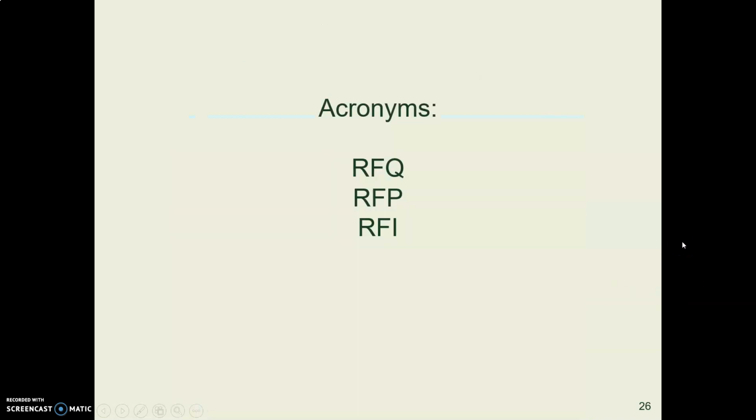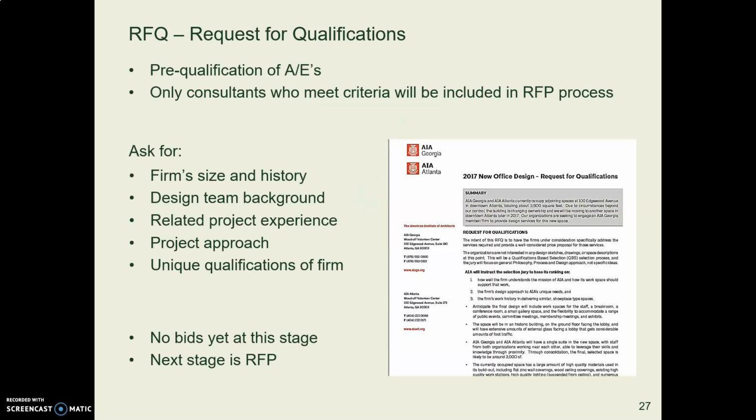I want to say a word about some kinds of forms and paperwork you'll run into with these three acronyms. RFQ stands for Request for Qualifications, and this is related to the bidding process. You don't want everybody in the world submitting bids because a lot of them won't be qualified and it just takes time to go through.